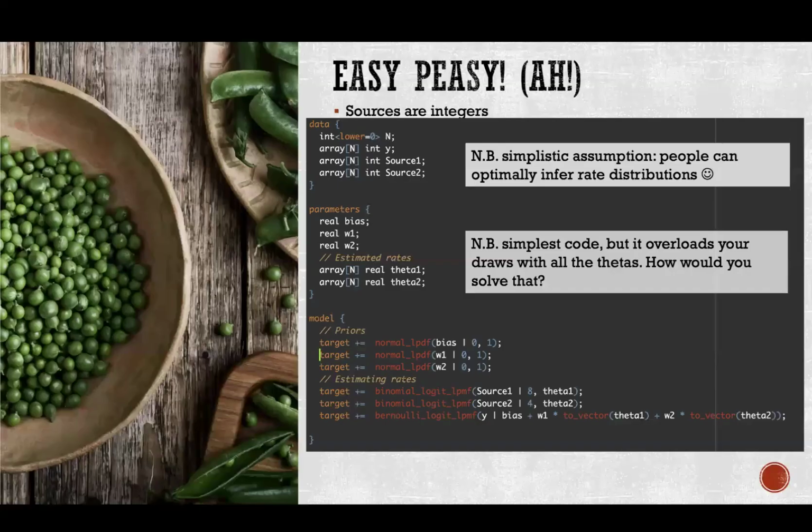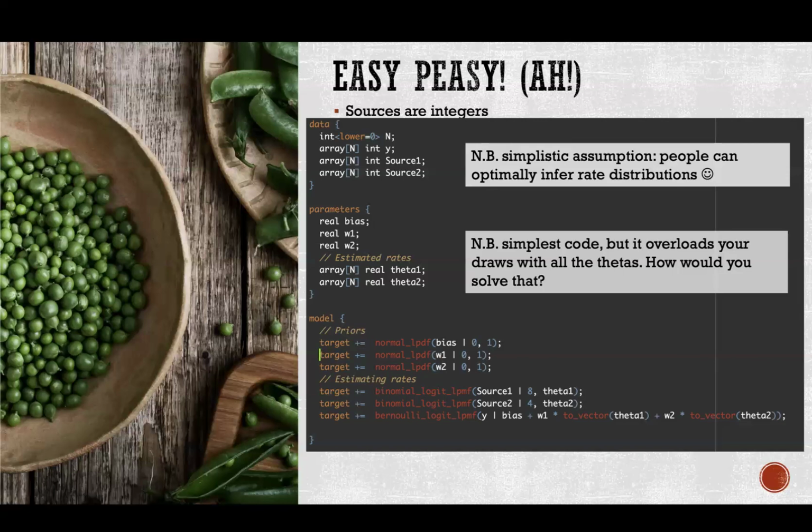Yes, give me a question. So data. If they don't want to go to our parameters, but it doesn't seem like they bias. Is a parameter? What do you mean? Well, bias, weight 1 and weight 2 are more traditional kinds of parameters that we're going to estimate from the data.